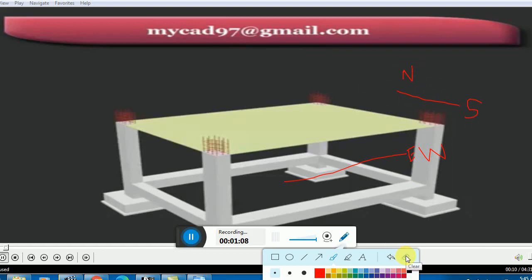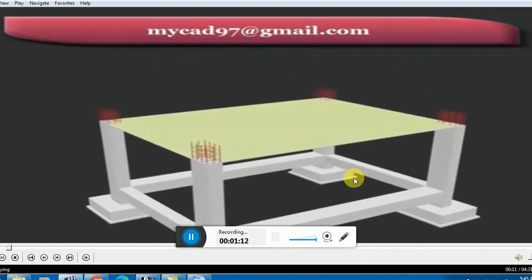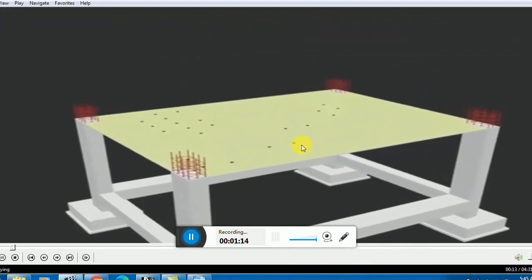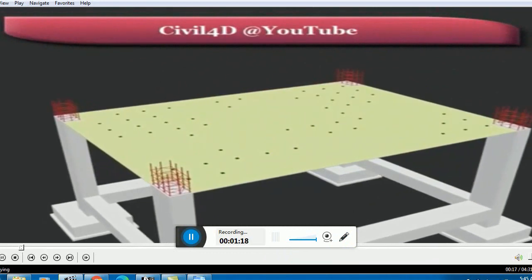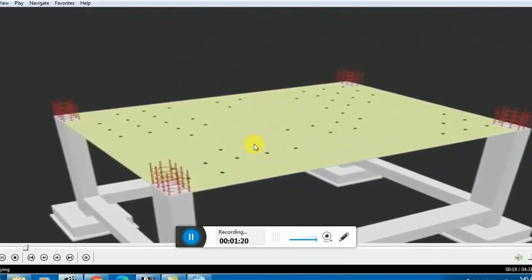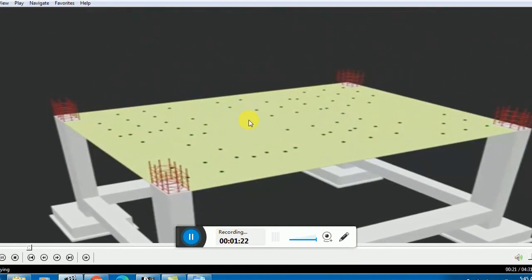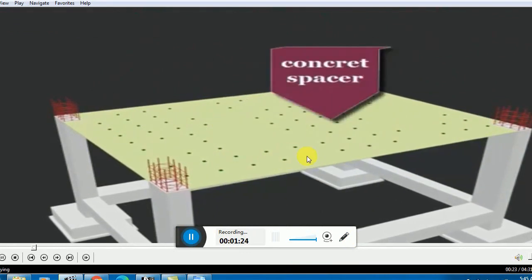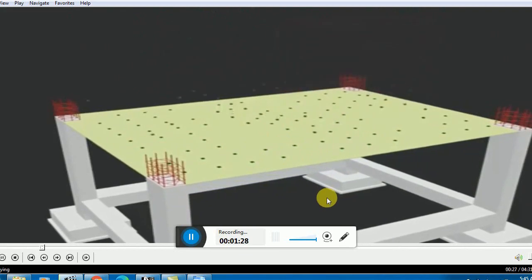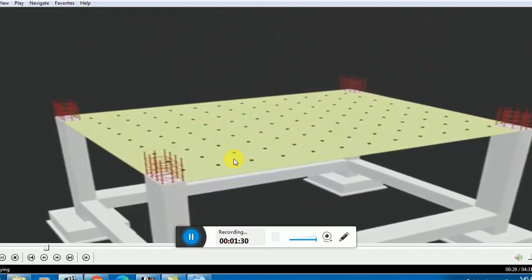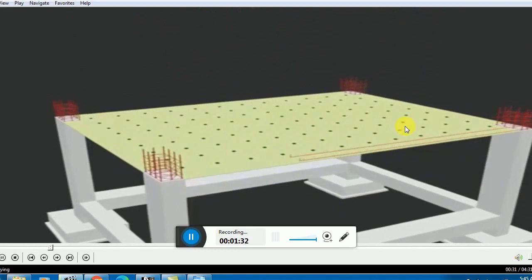First of all you must remember, they are just placing the spacers, or you can say shear blocks, which provide a clear cover to the bottom reinforcement, concrete spacers. After that, they will place the bars in the longitudinal direction.